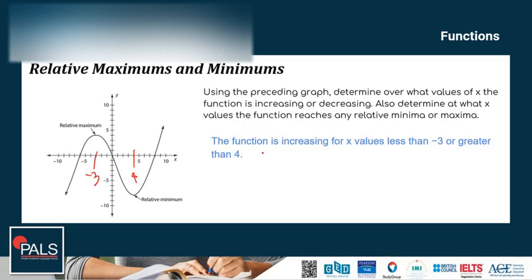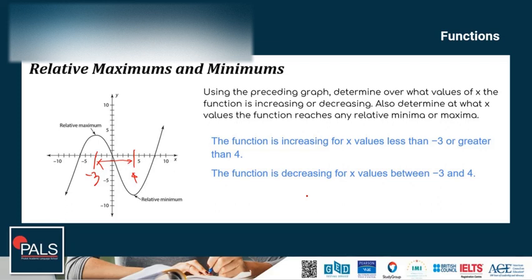So from here up to the relative maximum, that is increasing. And greater than 4, from the relative minimum going up, that is also increasing. Now, the function is decreasing for x values between what? Between -3 and 4. From here, between -3 and 4, the function is decreasing.